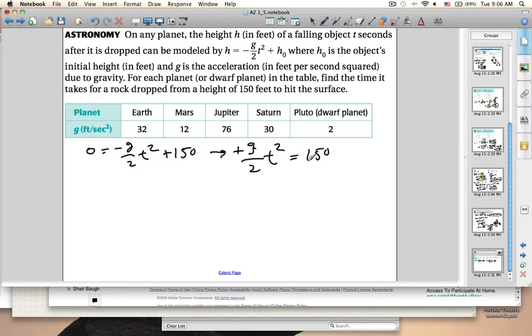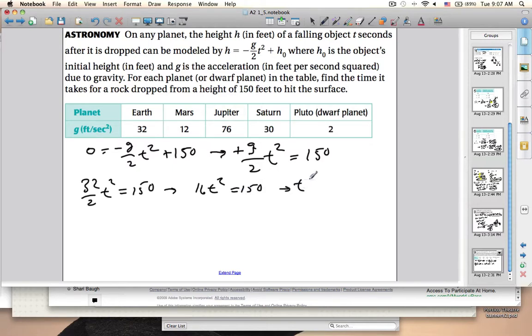I'm sorry, I added it to either side. Okay, now all I have to do is plug gravity into this, and I've already simplified the equation. So this is going to be a little bit faster. So I can have 32 divided by 2 times t squared is equal to 150. That equals 16t squared is equal to 150.